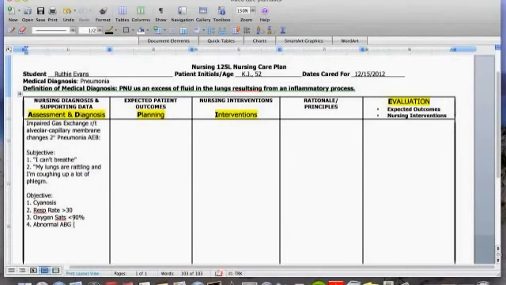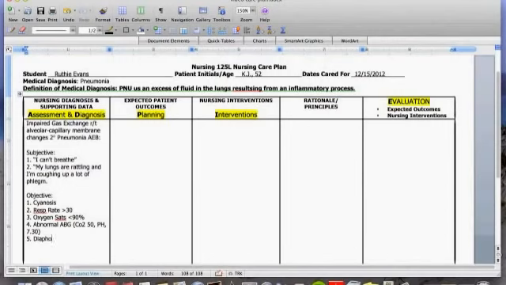Let's say her ABG, her CO2 was 50, and maybe her pH was acidic, so let's say 7.30. Just roll with me here.